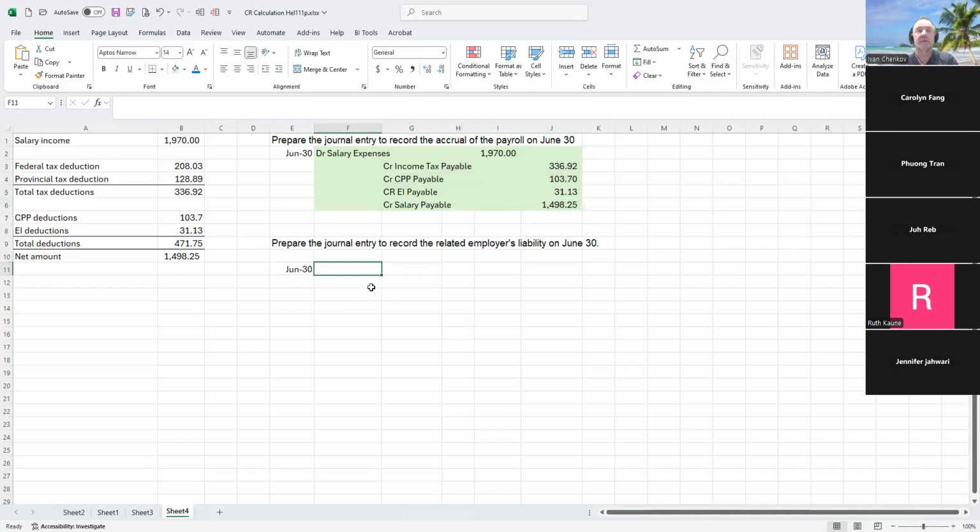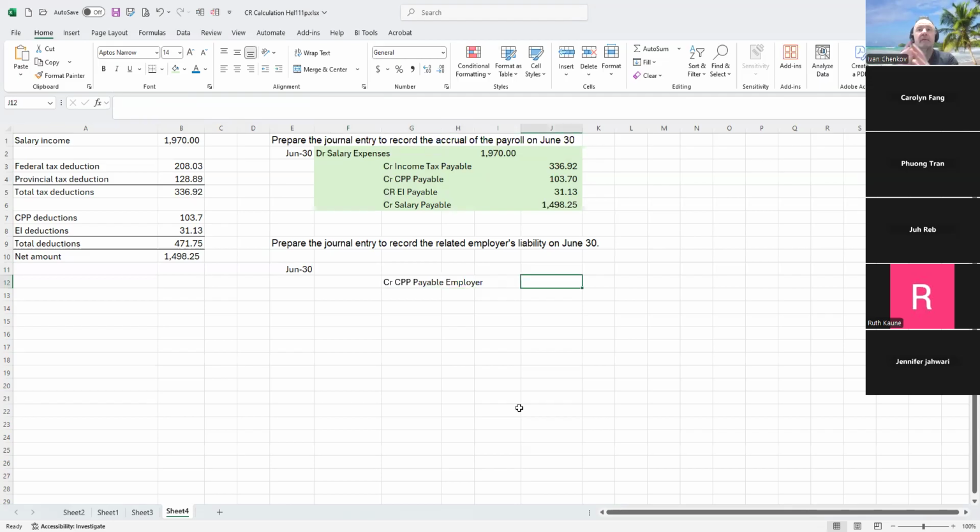Now, is there anything for the employer? Does the employer have to pay income tax? No. But the employer has to pay CPP and EI. So let's go with the CPP credit. Canada Pension Plan payable, employer.